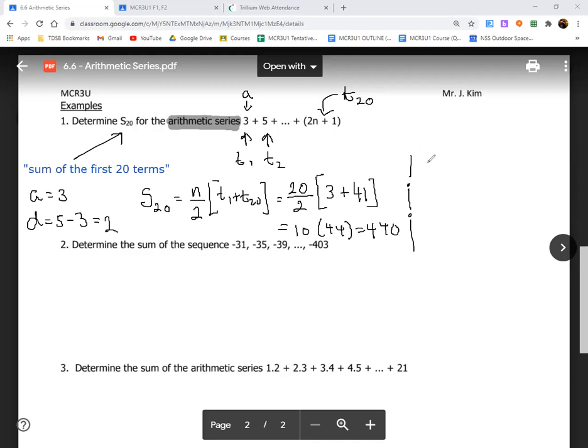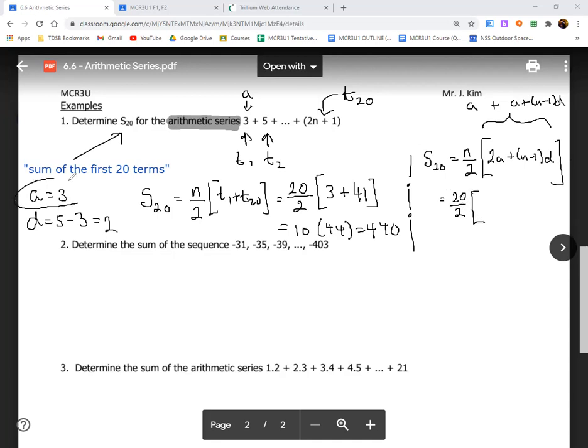Let's do it the other way. S20 is n over 2 times (2a plus (n minus 1)d). If you remember, this is the first term plus the last term. So that is equal to 20 over 2.